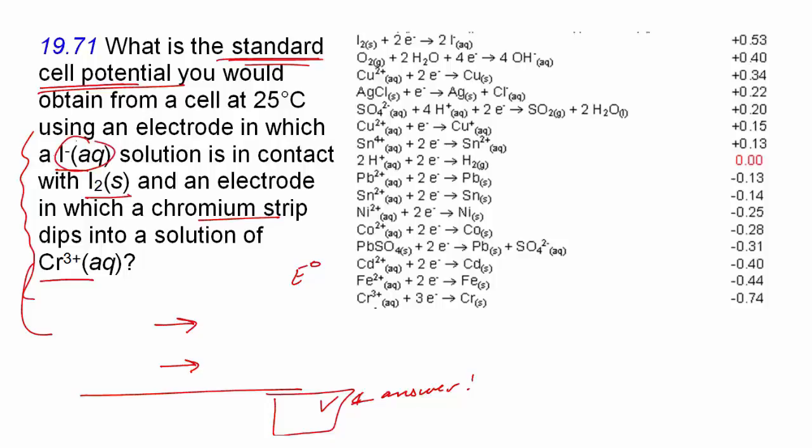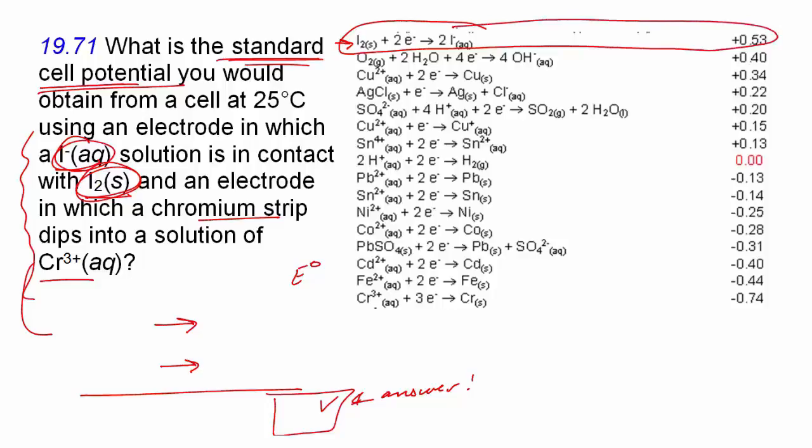We've got I minus and I2, okay? So that's definitely going to be this half reaction. Here's one half reaction. Let's identify the other half reaction. Chromium strip, that means chromium solid, and chromium 3+. Very bottom. Okay.